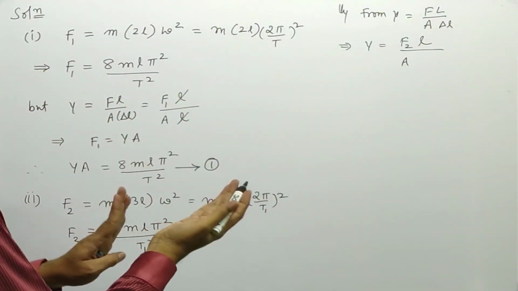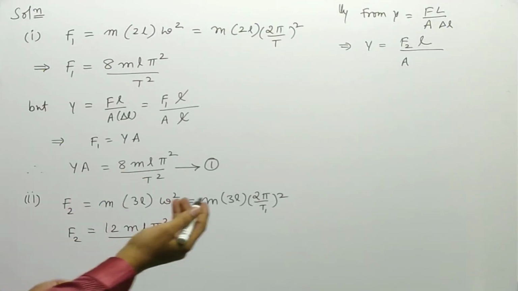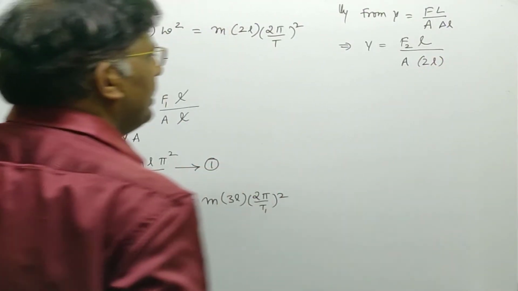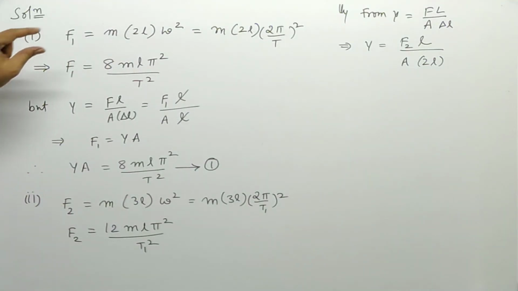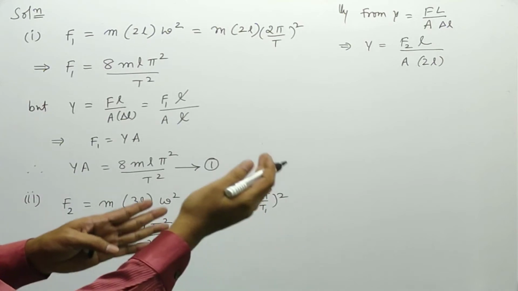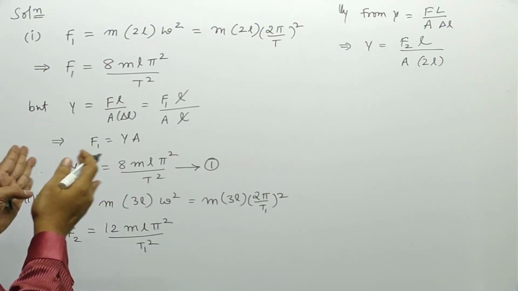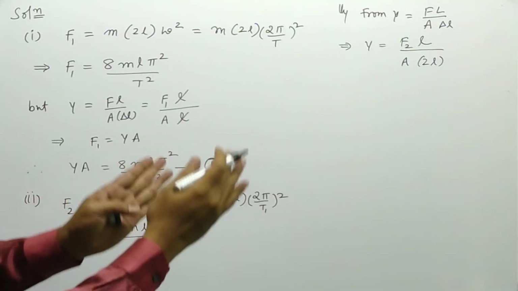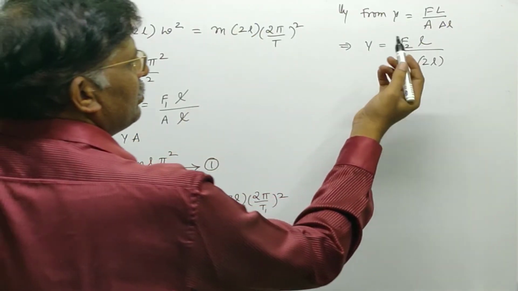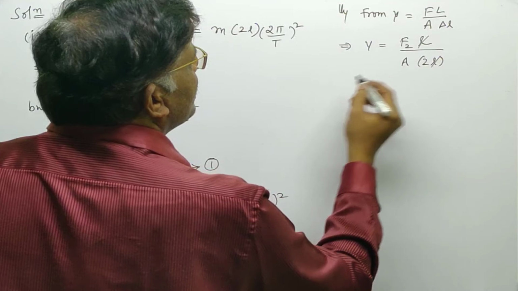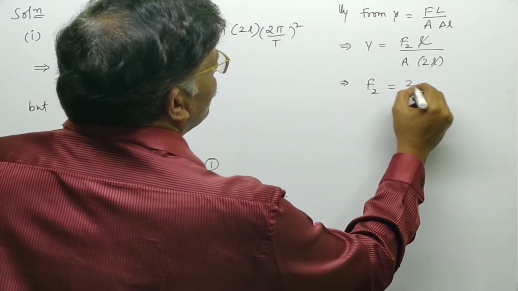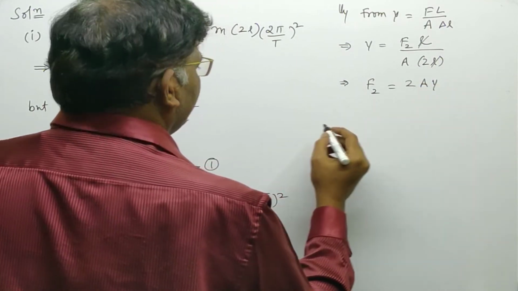Going from 2L to 3L means it increases by one more L. Original length is L, and the increase in length is 2L in total. So here L and L cancel. That implies F2 is equal to 2AY.